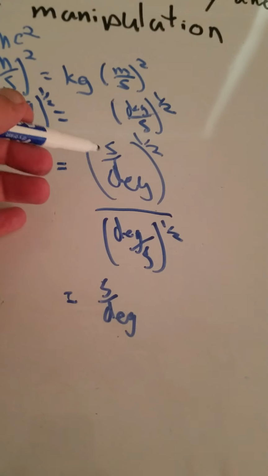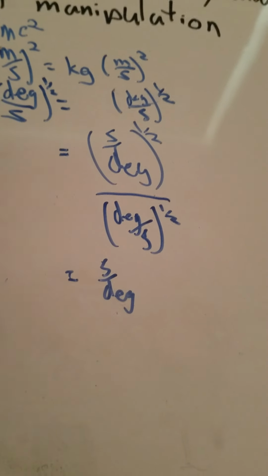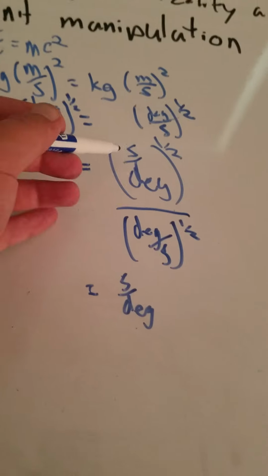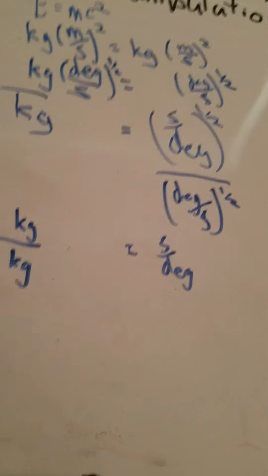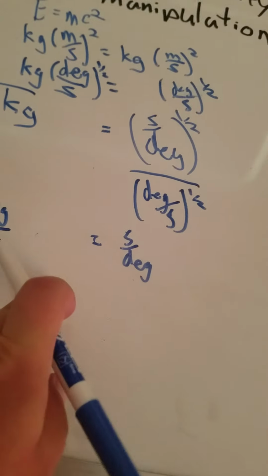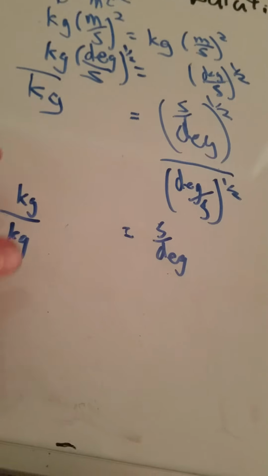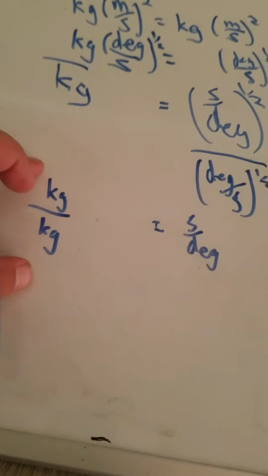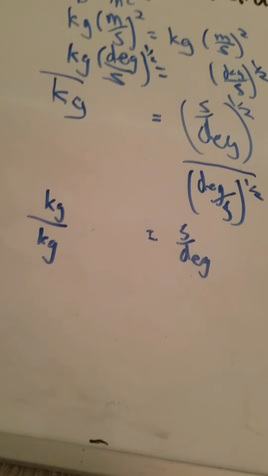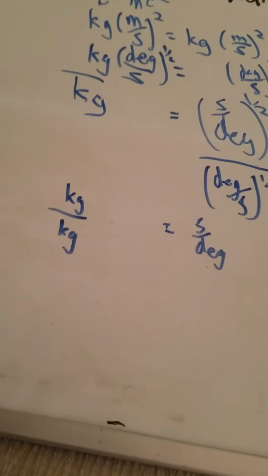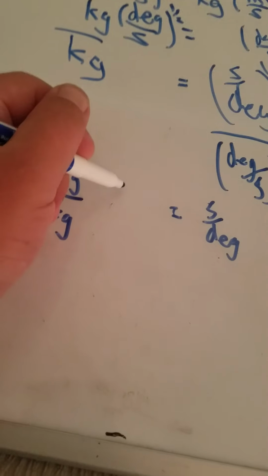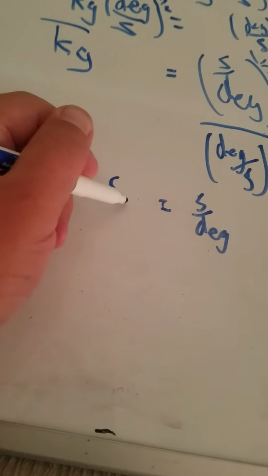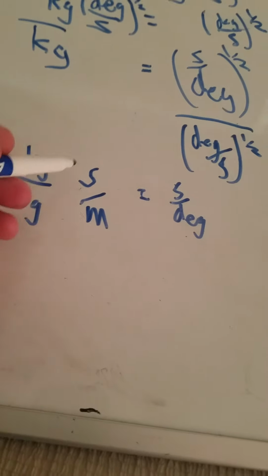Well, I think it did, taking the reciprocal of that. But something like this isn't moving. This is just stationary. There is no time passing for this. So in order to evoke that time, I'm going to add in meters per second, or seconds per meters.